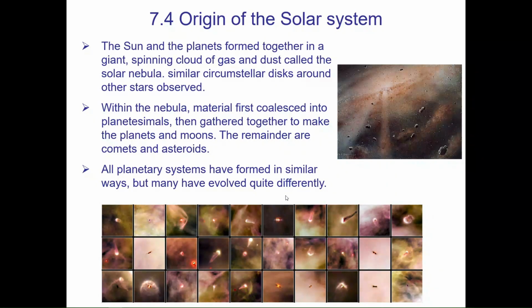Then we talked about how we can count craters and use the radioactive elements in radioactive rocks to date the planetary surface. And finally, we briefly talked about the origin of the solar system.